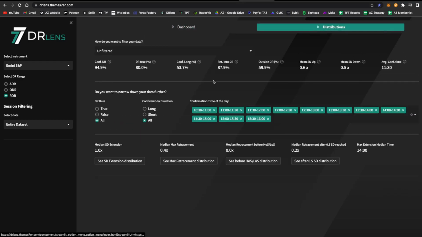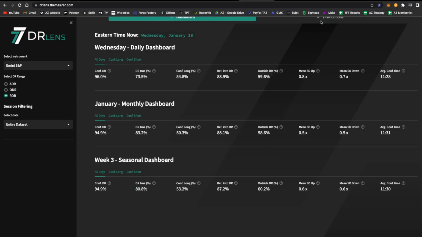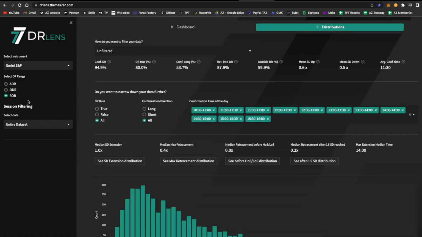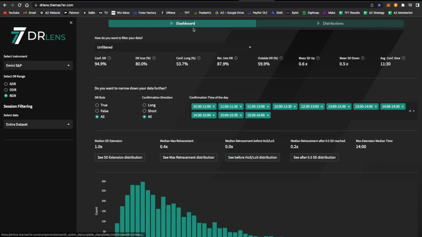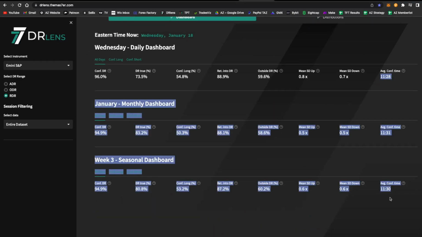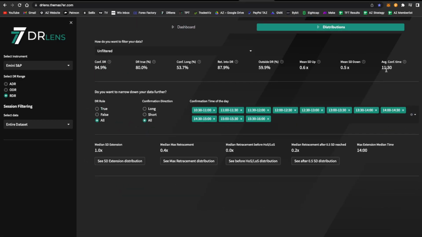Let's go over to the distributions. We go unfiltered right here, not distributions. And let's have a look. So we're looking at all for the IDR session. We still have to wait for the confirmation, but looking at the statistical data, the average confirmed time would be just at 11:30. Same goes here.